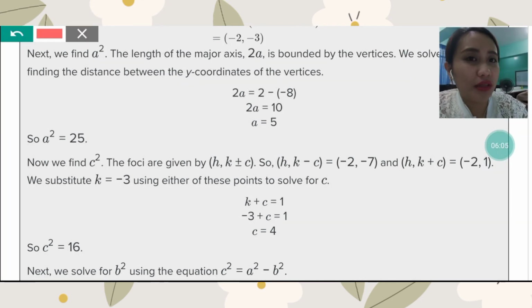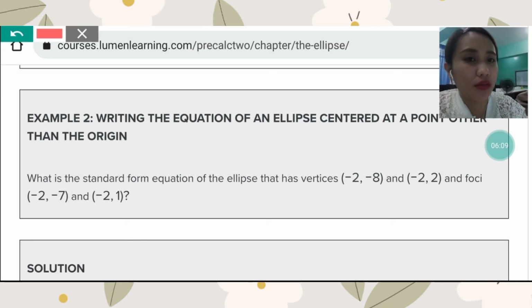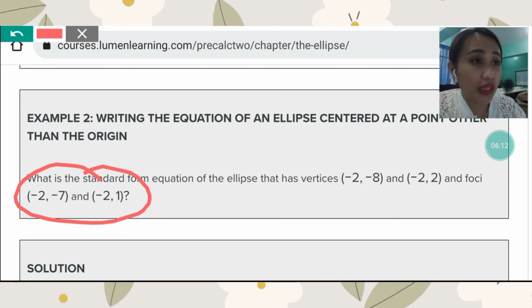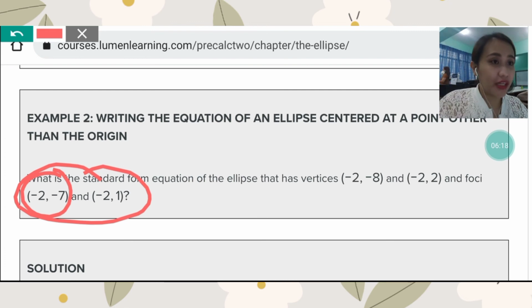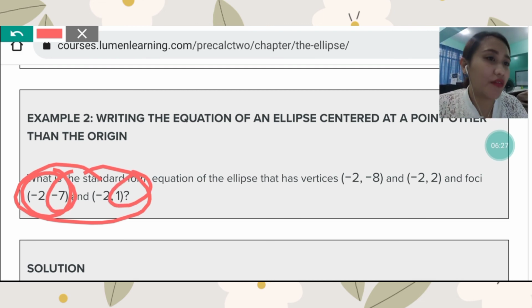Again, these were given earlier. We know that those are the coordinates of our foci. This one right here is on the left side of the Cartesian plane, since the y coordinate is negative, and this is on the right side of the Cartesian plane since the y coordinate is positive.